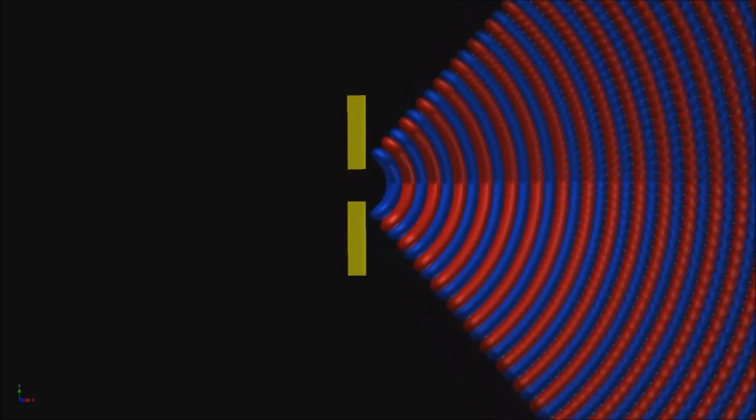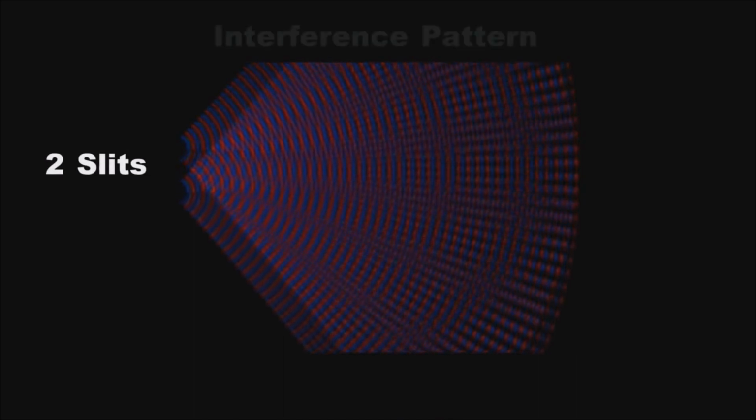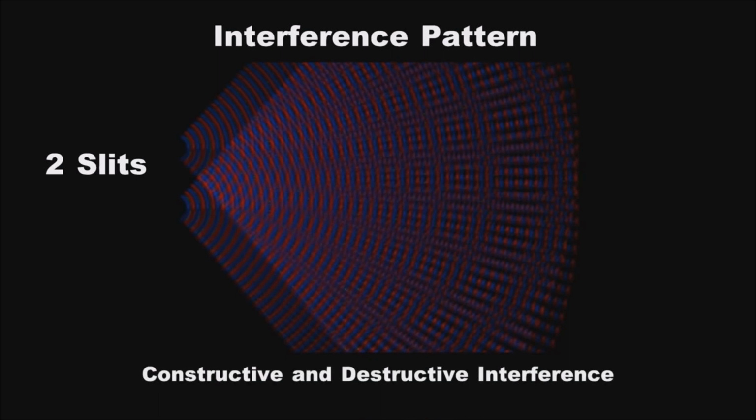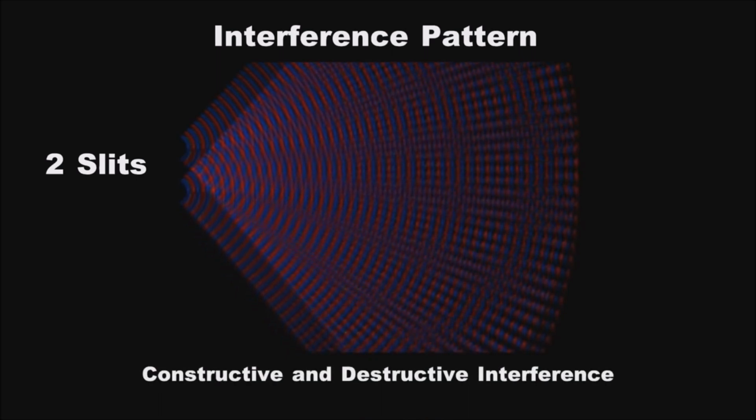A single slit gives us a fan-shaped pattern of photons and their fields. Now let's see what would happen if we had two slits with photons passing through them. The distance between the slits is varied so that we can observe changes in the interference pattern. These interference patterns are the result of constructive and destructive interference.